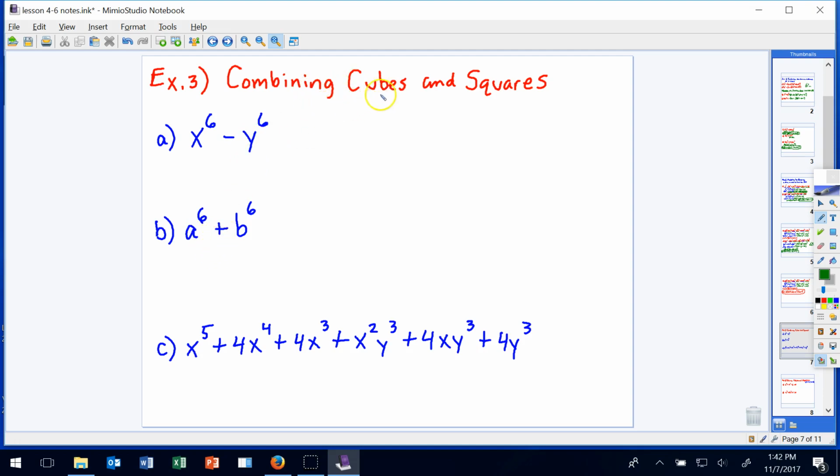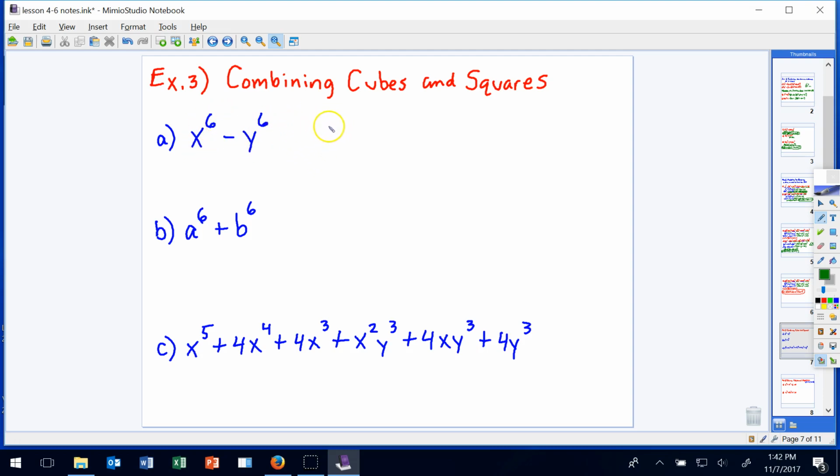Combining cubes and squares. At the outset of letter A, I don't see a way to factor this because I don't have any method for factoring the difference between two terms that are raised to the 6th power.